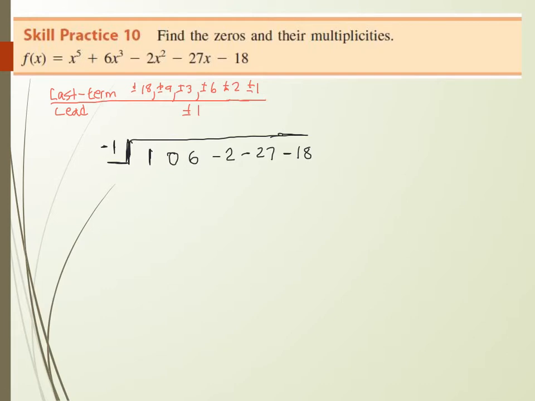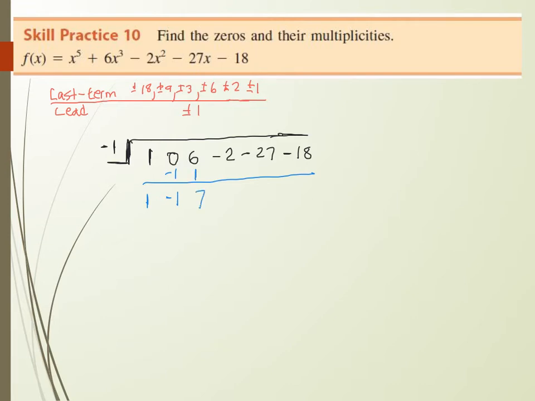So in this case, we'll bring down the 1. One times -1 gives me a -1. That gives me 1.